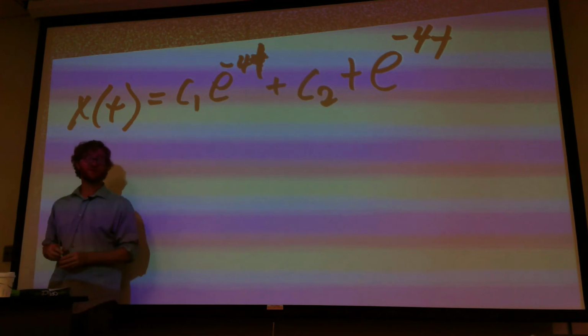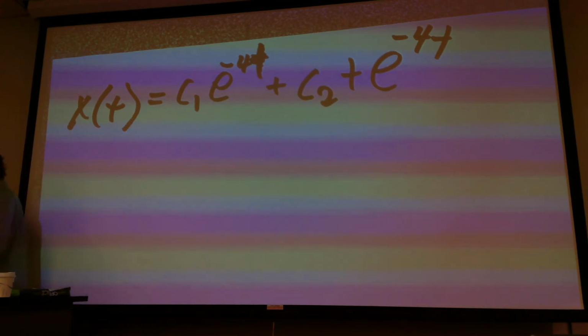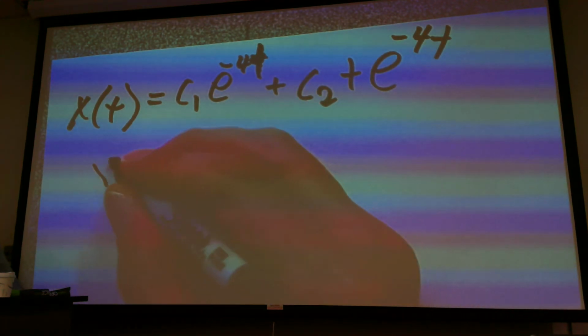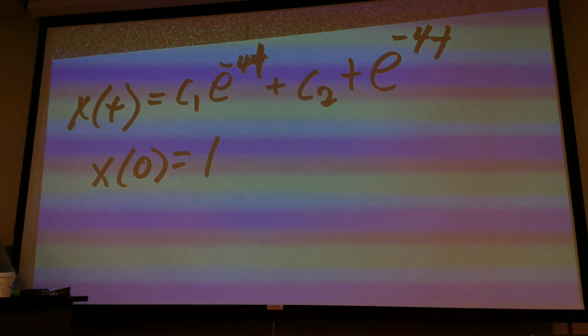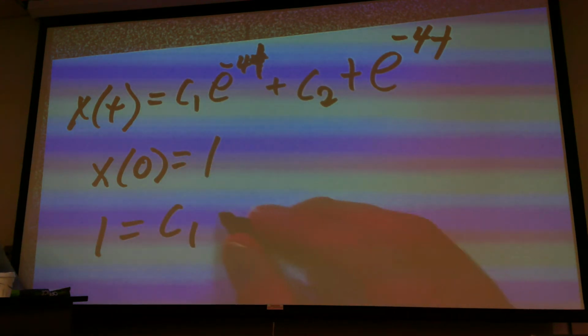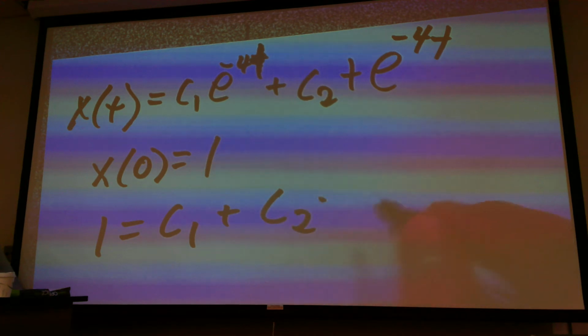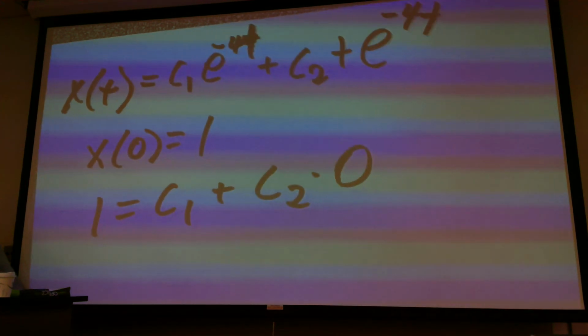Now we're going to use our initial conditions to solve for c1 and c2. Let's do the easy one first. x of 0 equals 1, so 1 is going to equal c1 plus c2 times 0. So c1 equals 1.